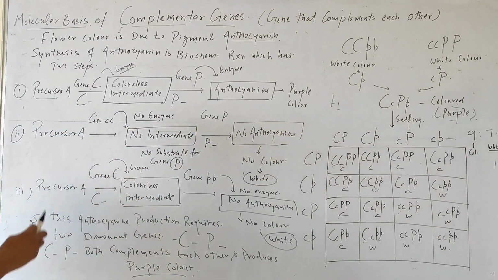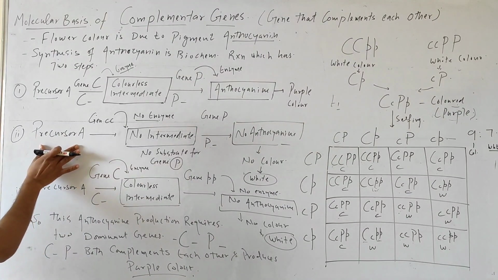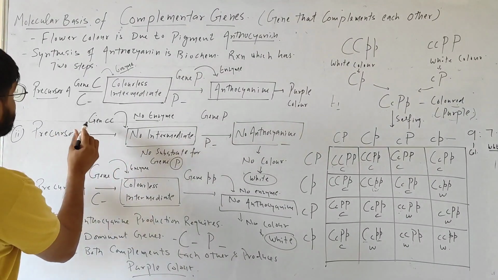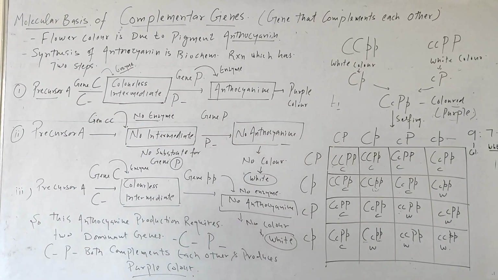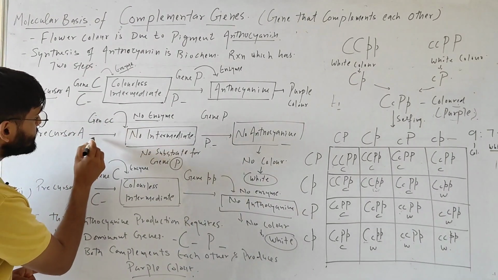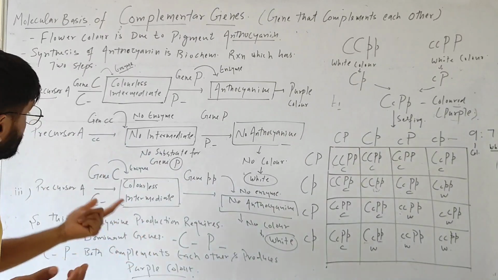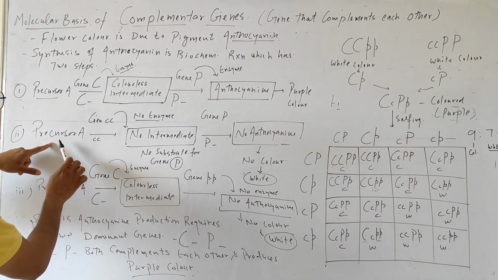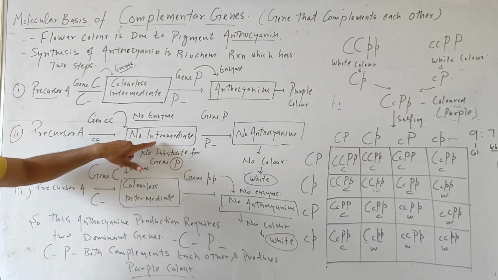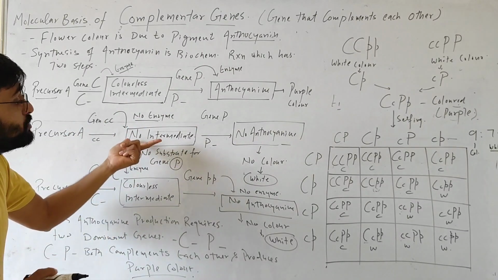In the second case, precursor A is there, but the gene capital C is absent. The genotype is small c, small c. With this genotype, there is no enzyme, so precursor A cannot be converted into the colorless intermediate. So there is no intermediate.